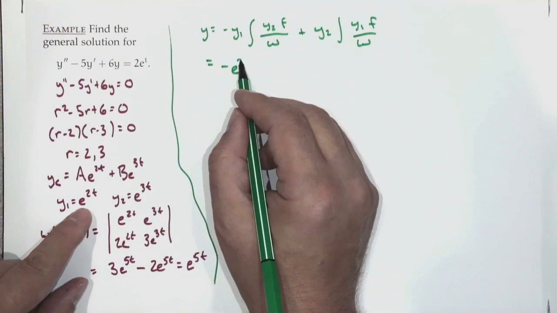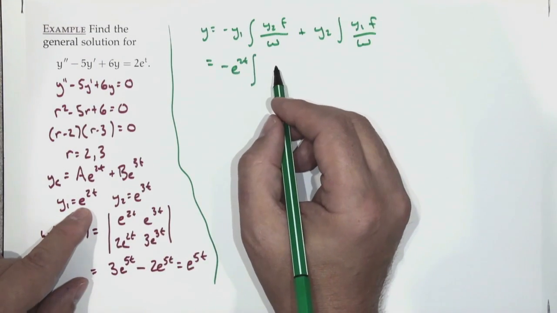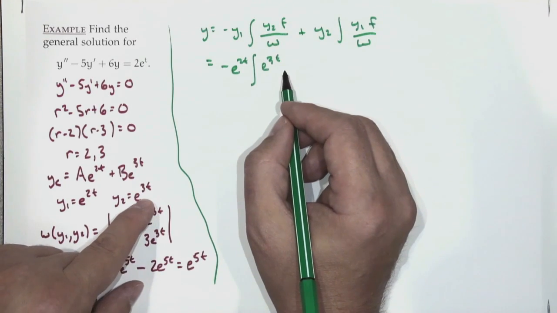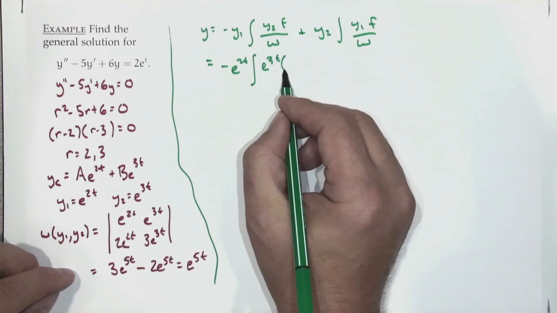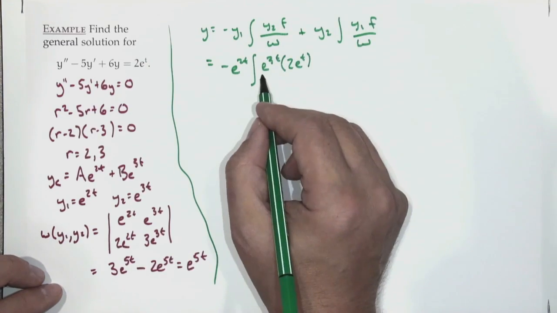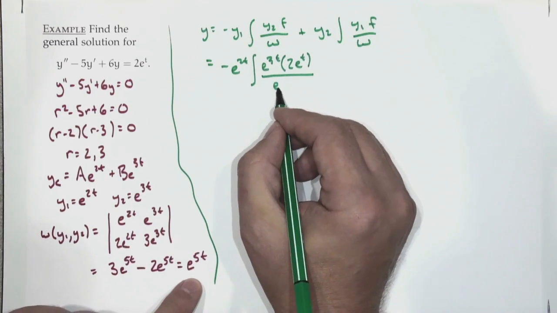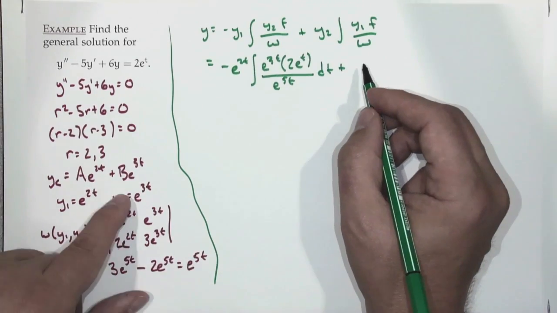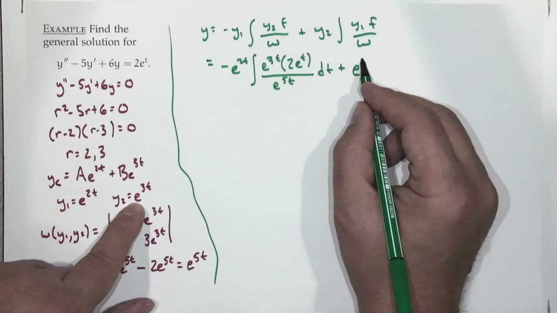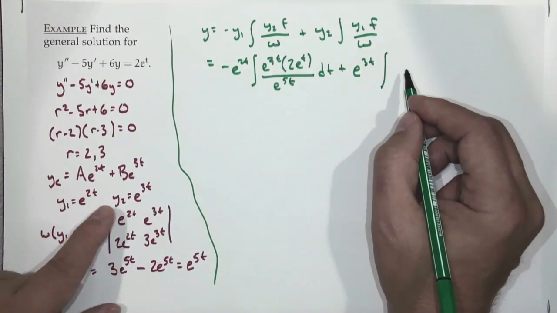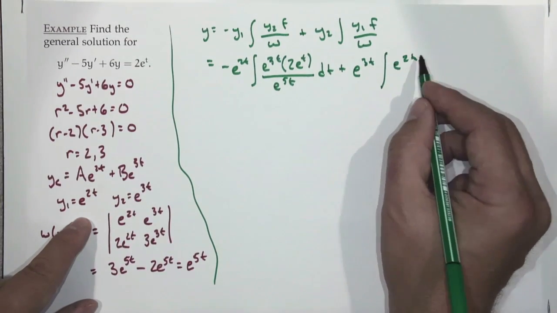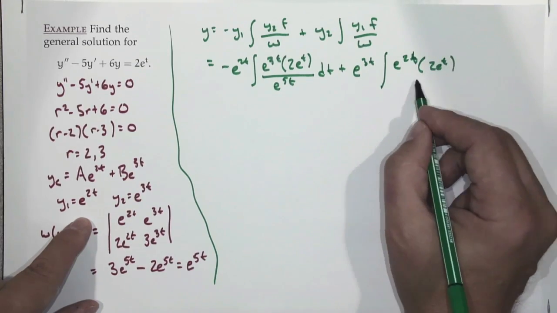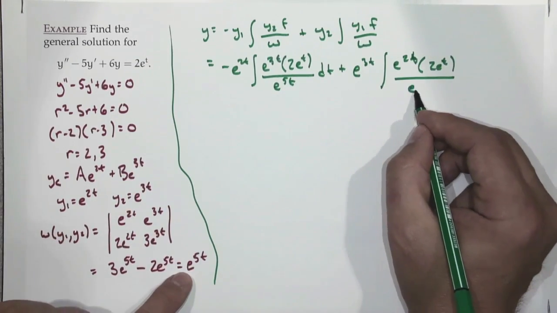So minus e to the 2t integral e to the 3t, and f is 2e to the t. The Wronskian is e to the 5t. And then we just go through it again: y2 is e to the 3t, integral y1 is e to the 2t, f is 2e to the t, and the Wronskian is e to the 5t.